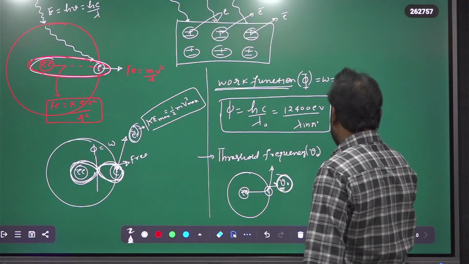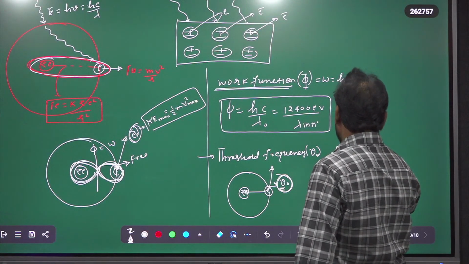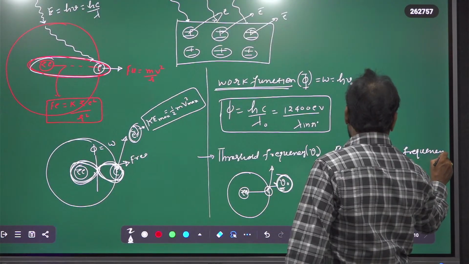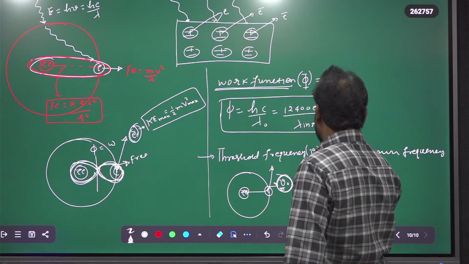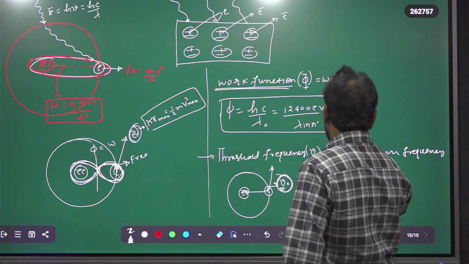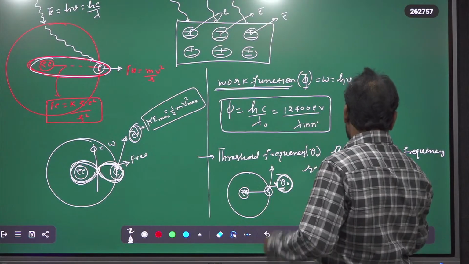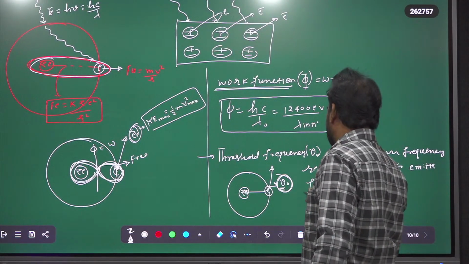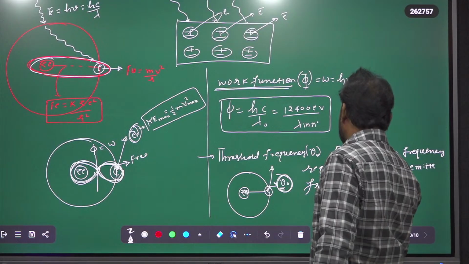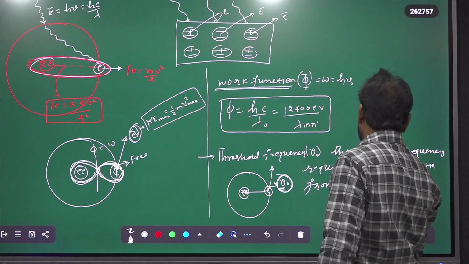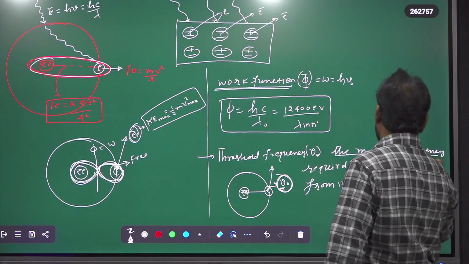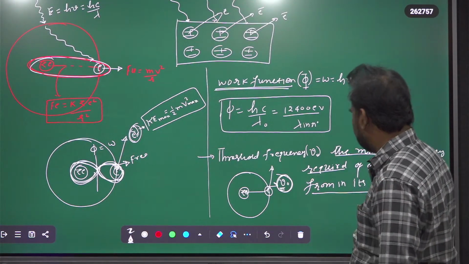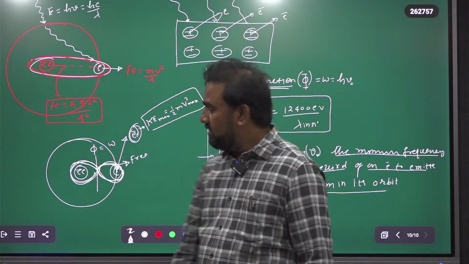Threshold frequency means the minimum frequency required for an electron to emit from its orbit. Okay. Next, see beta.